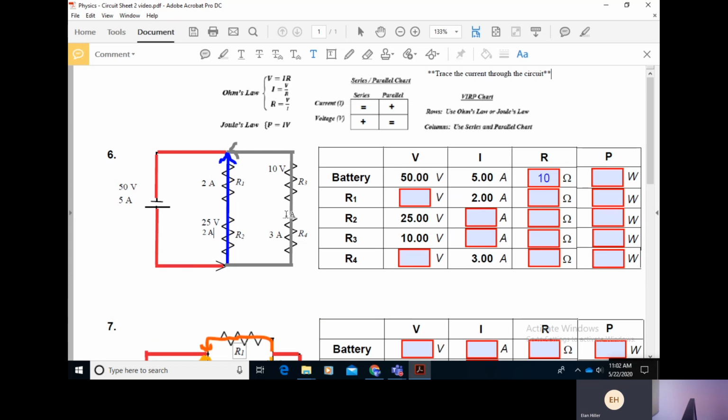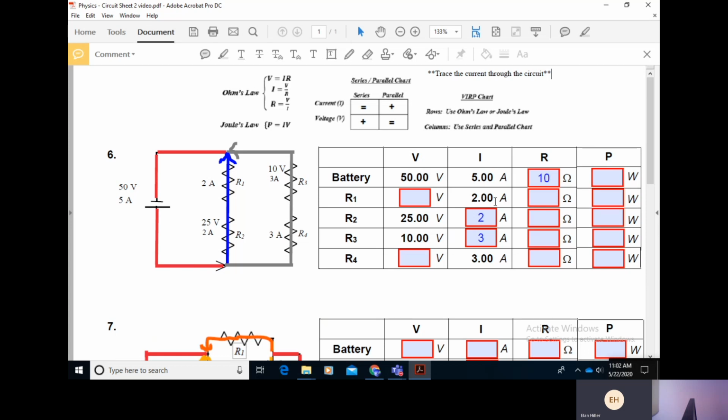Similarly, R4 has 3 amps of current going across it, so R3 must also have 3 amps of current going across it because these two are on the same series pathway. So R2 is 2 amps, R3 is 3 amps. And the 2 amps across this pathway plus the 3 amps across this pathway adds up to the 5 total amps of current. So we used the idea of series current being the same to start this puzzle.